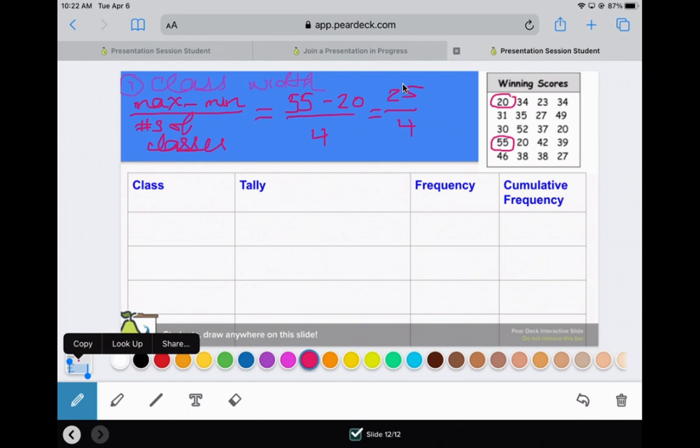Wait. I just want to make sure that I use the correct numbers, okay? So the maximum is 55 and then 20. Sorry, it's 35. I subtracted wrong.